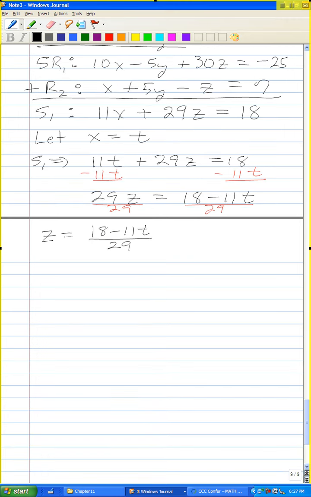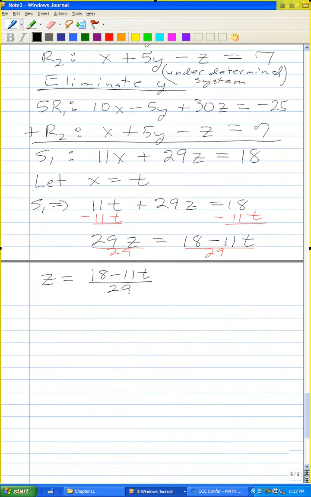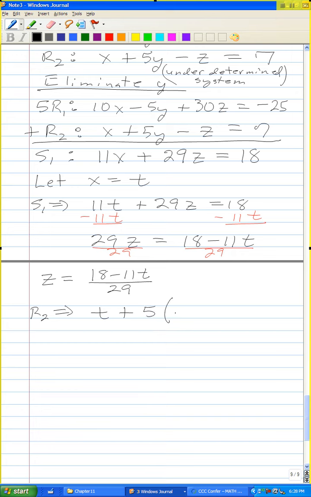And x is equal to t, so I can use any equation. Doesn't really matter. None of them will be that nice. Let's use R2. And so x, which is just t, plus 5y minus z equals 7.